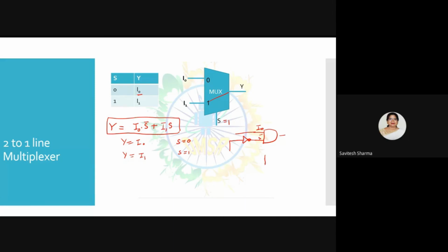The second term requires I1, so I am giving input I1, and second is your S. Both terms are connected with the plus, so I will connect them with the OR gate. So you see, this is a simple AND-OR implementation.